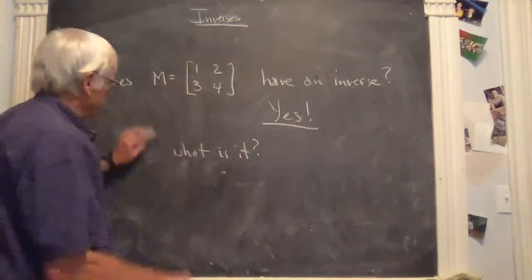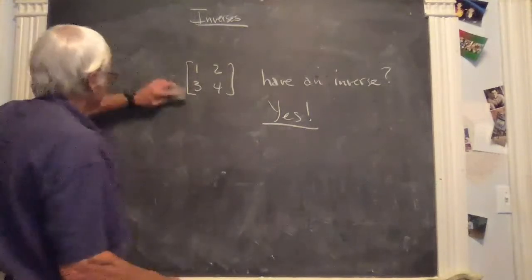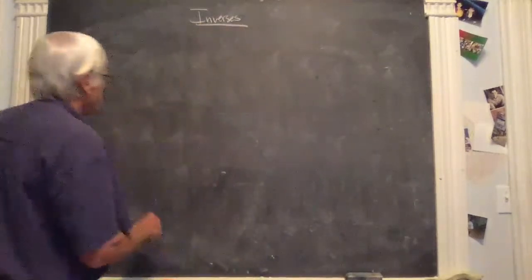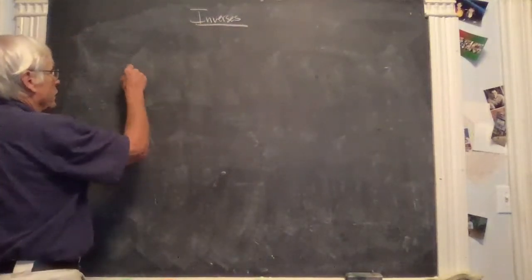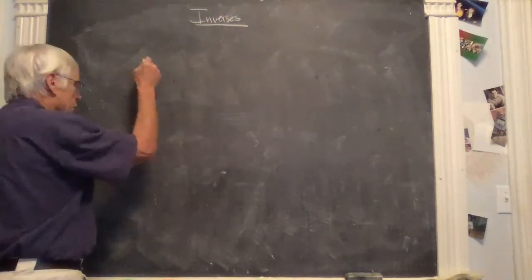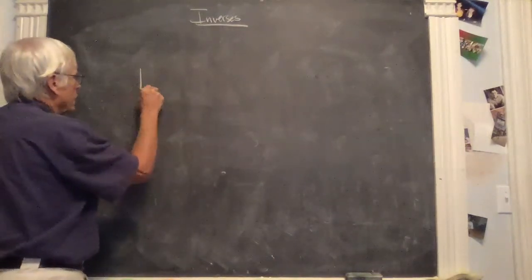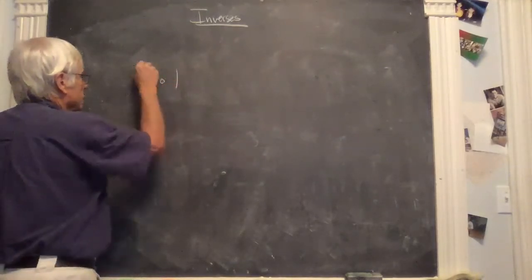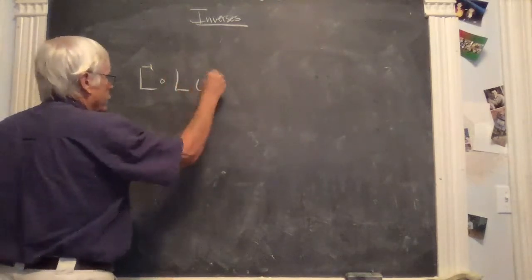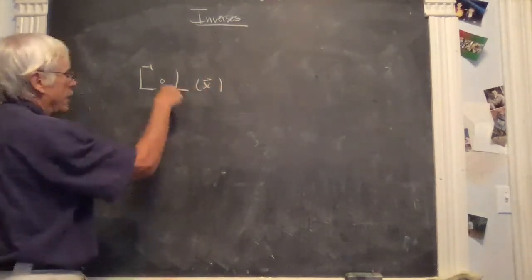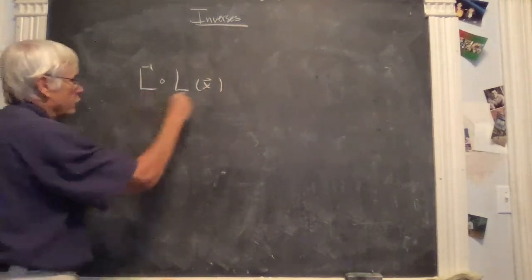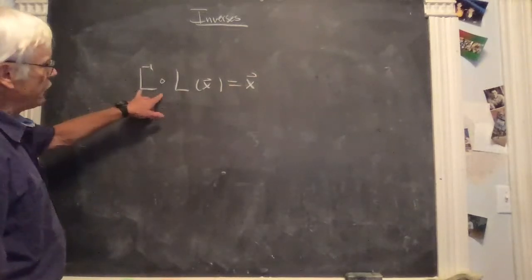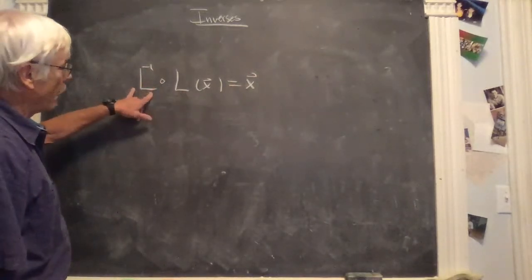So we'll again deal with this matrix. But I'm going to go back to transformation land again and look at what it means to be an inverse. If L and L inverse are inverses, it means if you take first L of X, so you transform X, and after that, you transform by the inverse, you're right back to X. So inverse means that whatever L does, L inverse undoes.